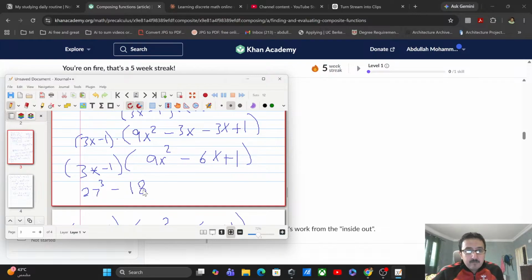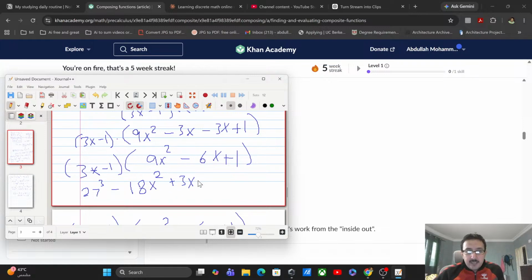18x square. 3x and plus 1. That's a plus 3x. And then I got a minus.